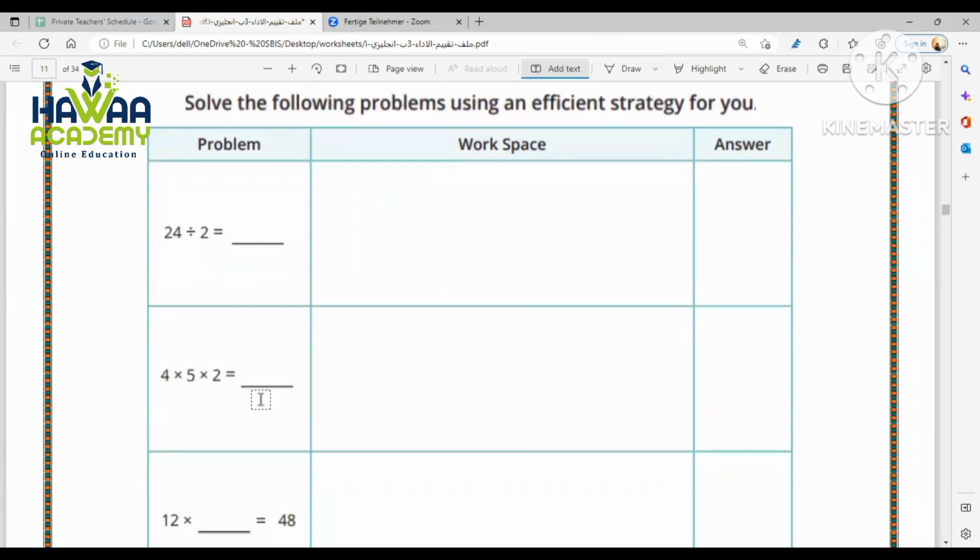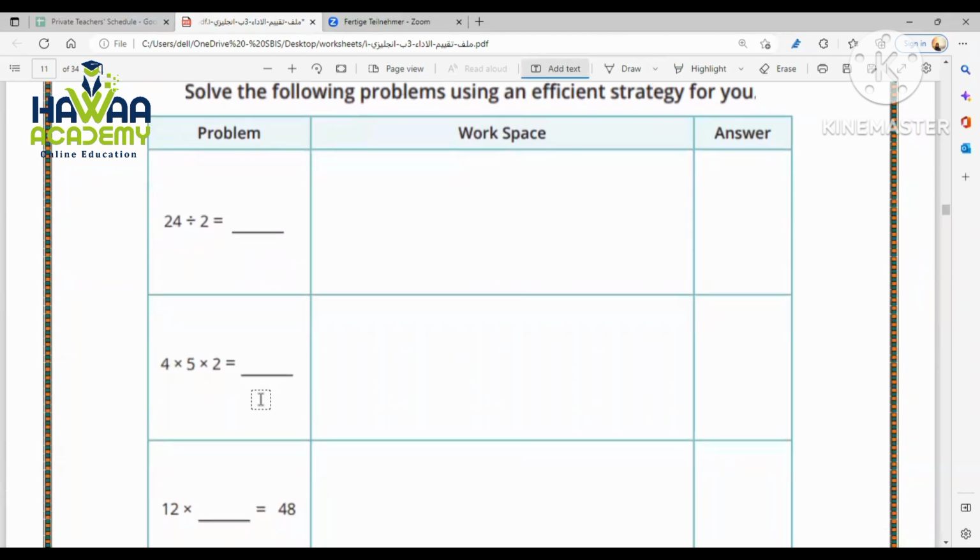Solve the following problems. So, I have here 24 divided by 2. Okay, I just need to separate the 24 and the 2.